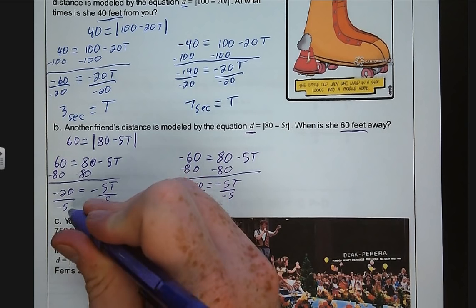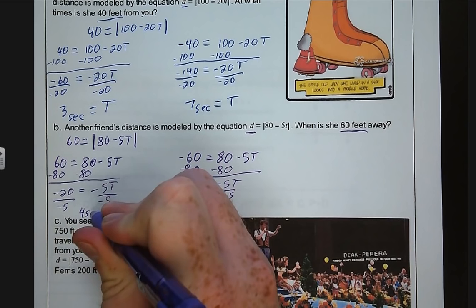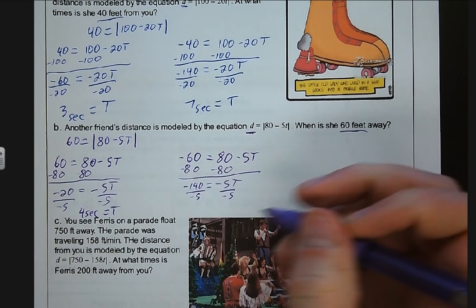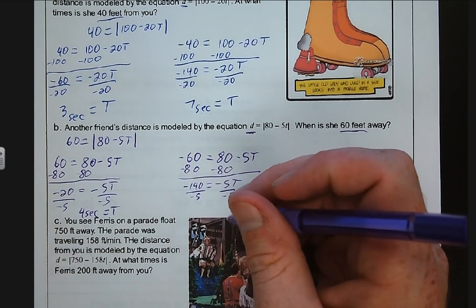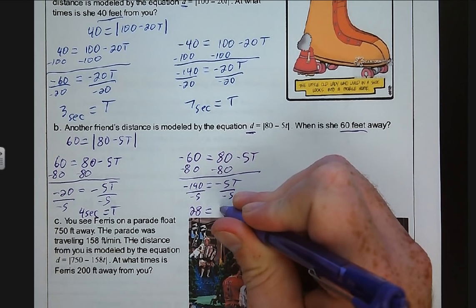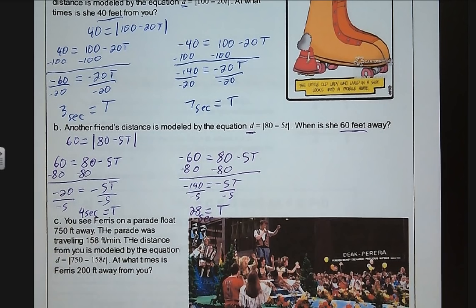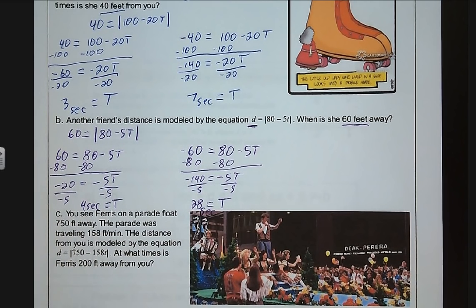And we find 20 divided by 5 is 4, and negative 140 divided by 5 is 28. So at 4 seconds and 28 seconds, she will be 60 feet away from you.